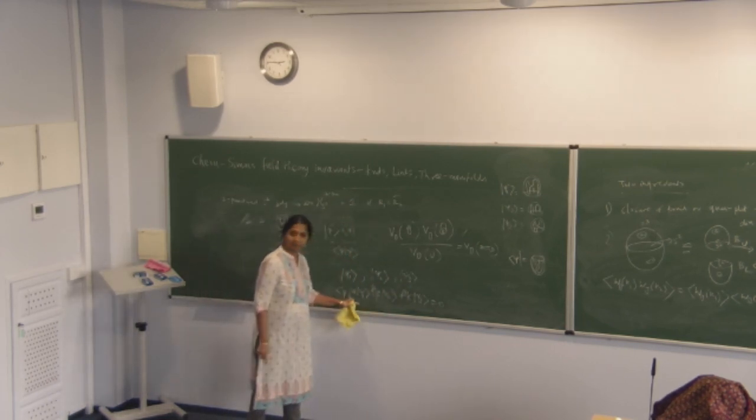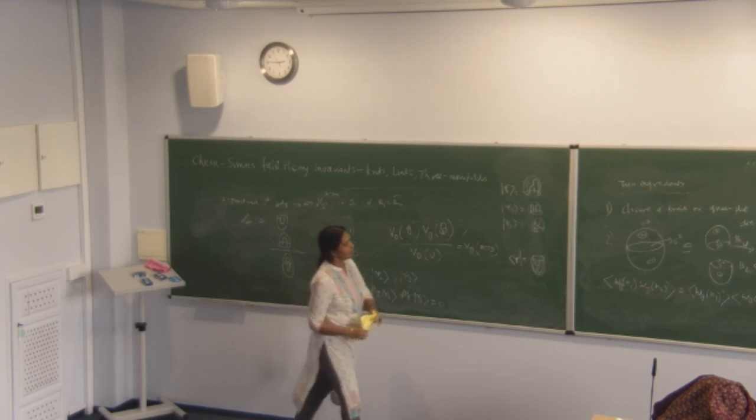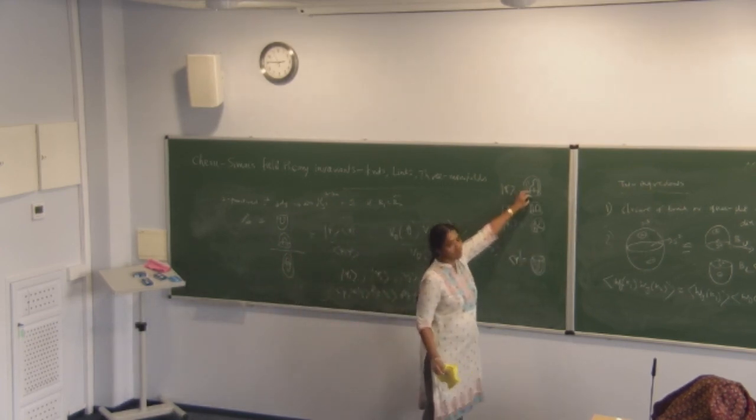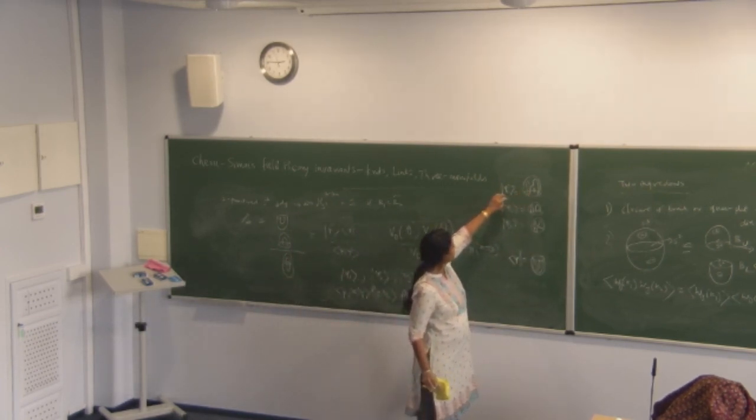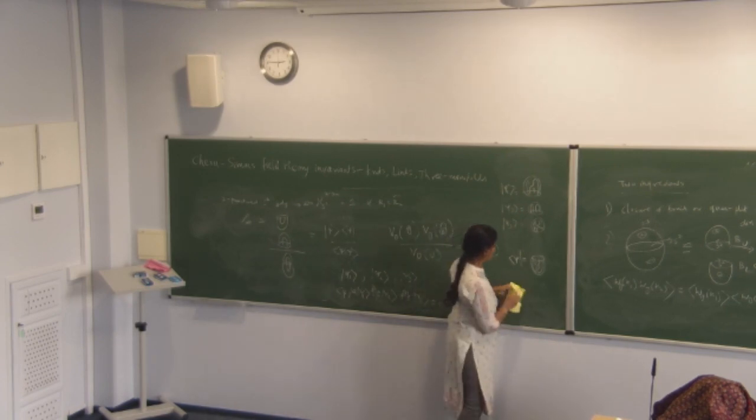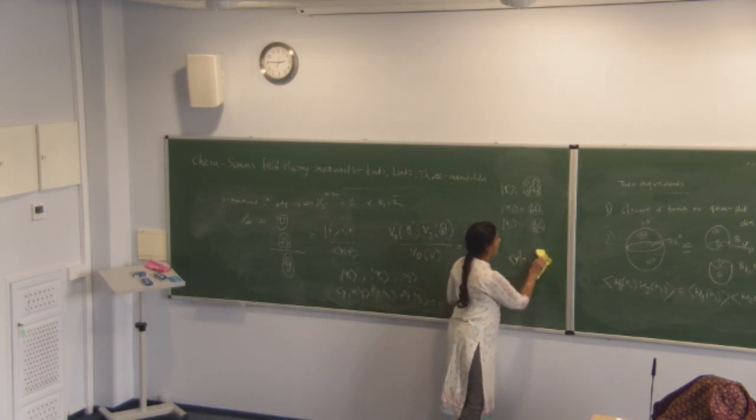You get some trefoil here, because this with this will give you a trefoil. I think did I make a mistake? Yeah, it's the other way around maybe, or this one will give you a trefoil, one of them.